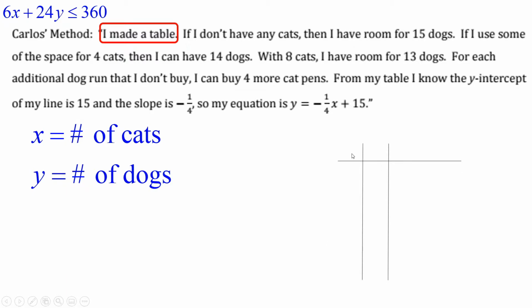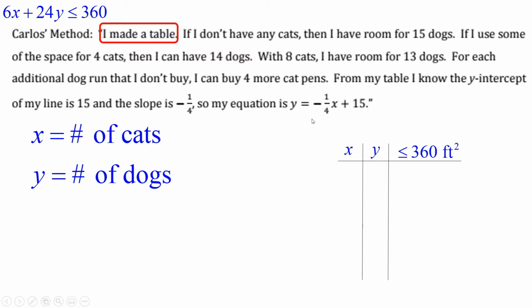The first column will be x, which is going to represent the number of cat pens, and then y would represent the number of dog runs. And remember, they have up to 360 square feet, so whatever these add up to, when you plug them into this inequality right up here, has to be less than or equal to 360 square feet.